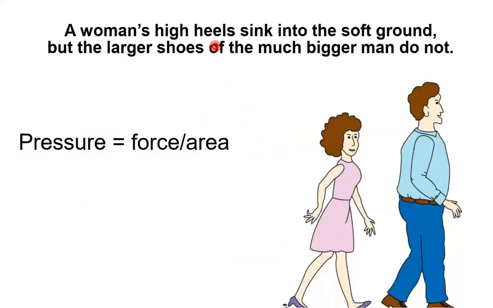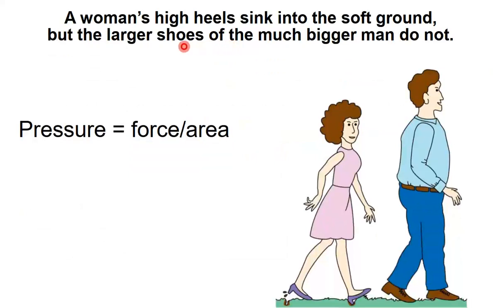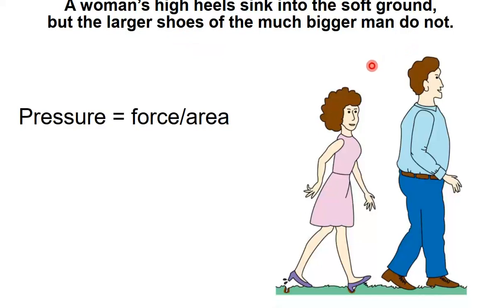A woman's high heels sink into the soft ground, but the larger shoes of a much bigger man do not. Again, when the area is small, a great pressure will be exerted. When the area is small, a small force causes great pressure.